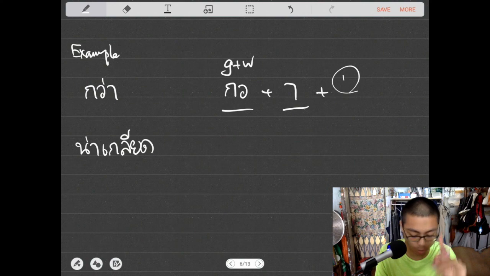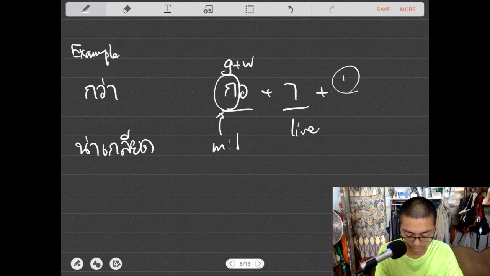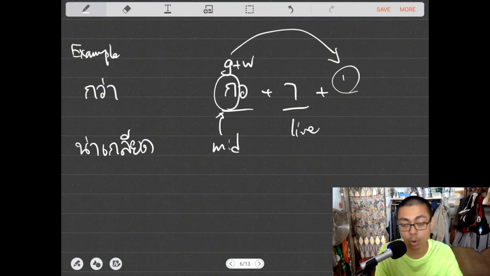But for most cases, the tone is determined by the first consonant, which means the ก tells you the tone. Now, we have a live ending. ก is mid class. If we have a tone mark, then the whole thing would be a low sound, and that is why we pronounce 掛.